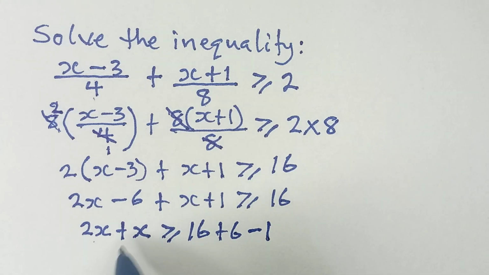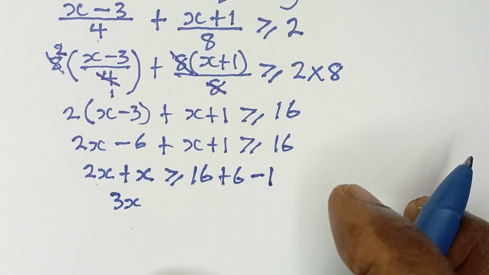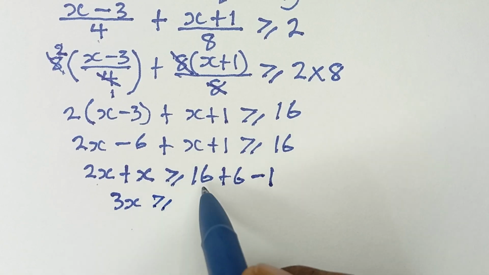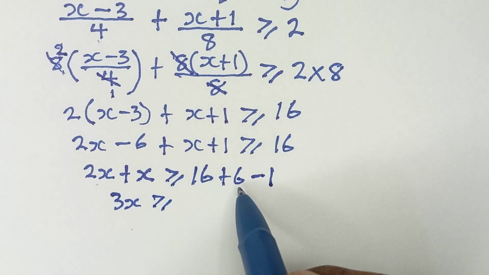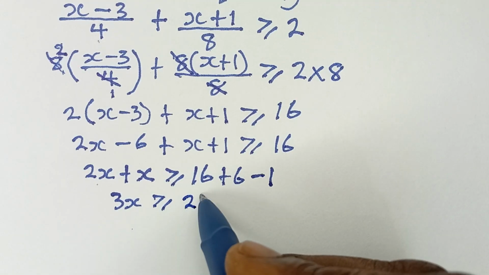So 2x plus x will give me 3x, and that will be greater than or equal to 16 plus 6 is 22, 22 minus 1 is 21.